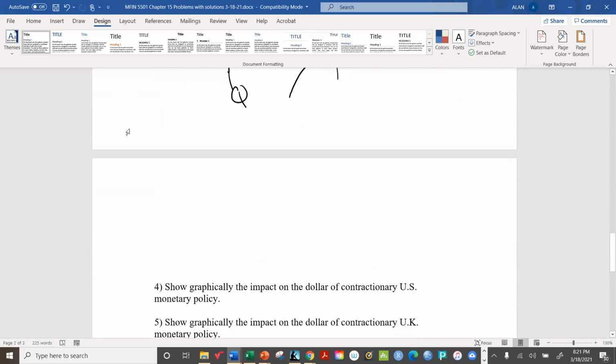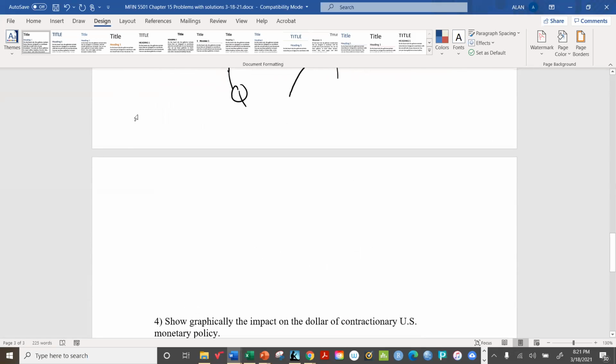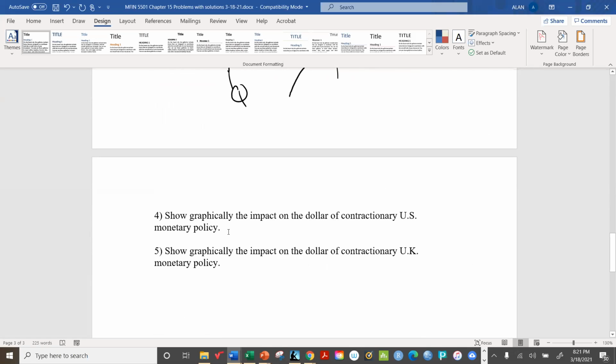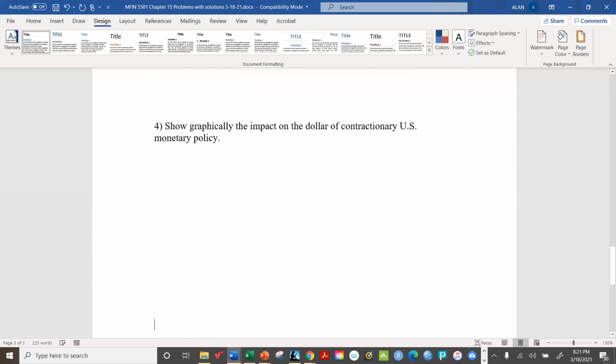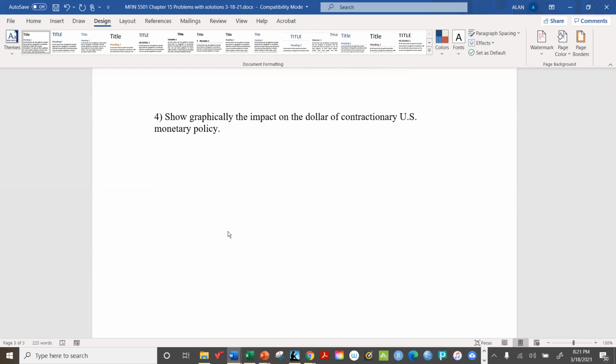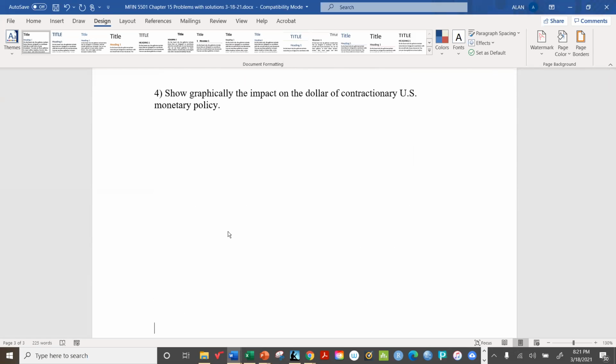All right, let's do it. So we'll start by showing the equilibrium position.